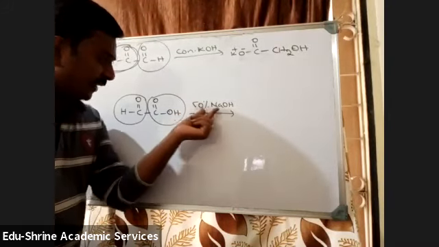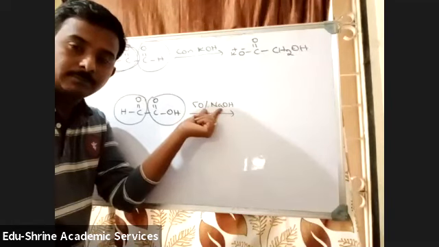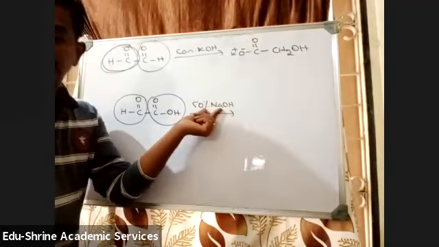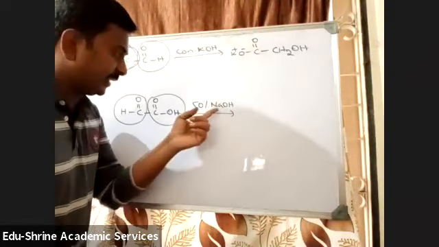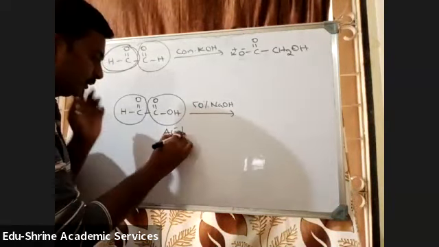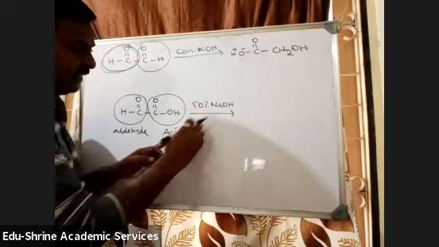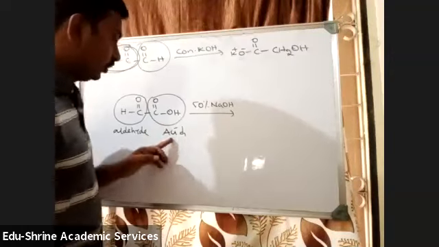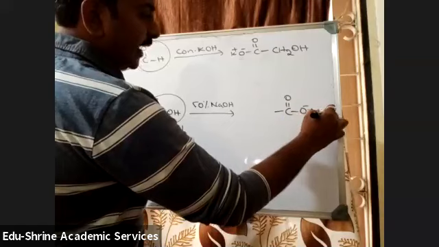Is the carboxylic acid going to react with this NaOH? Yes, because this is an acid and this is a base. So definitely this part is going to get converted into the salt of the acid.